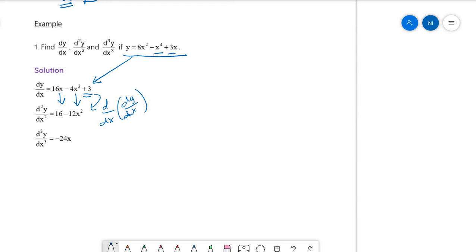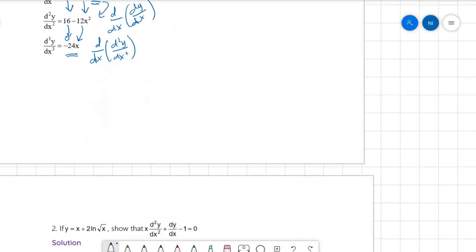The third derivative will be differentiate again, but we differentiate the second derivative. Differentiate 16 is a constant, so that's why we don't have it here because it is 0. Differentiate negative 12x squared is negative 24x. That's for the first one.